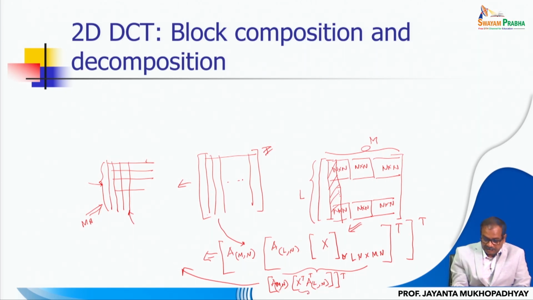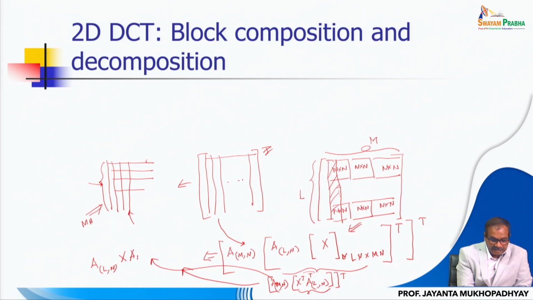So first I will be transposing this one. So this one will be once again A_Ln X, and this one will be A_Mn transpose.